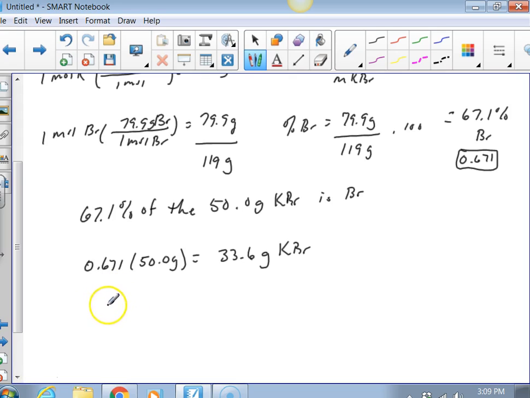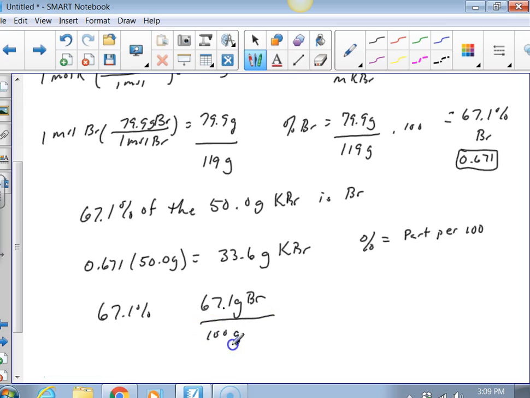Another way to look at this is to say, when we look at this percentage, a percent is equal to a part per 100. If it's 67.1% bromine, then we can say that there's 67.1 grams of bromine for every 100 grams KBr.